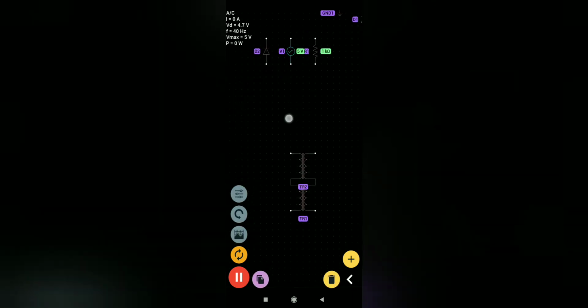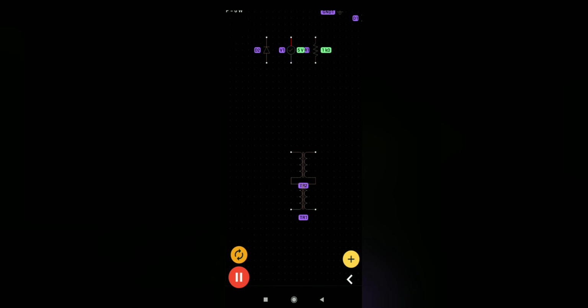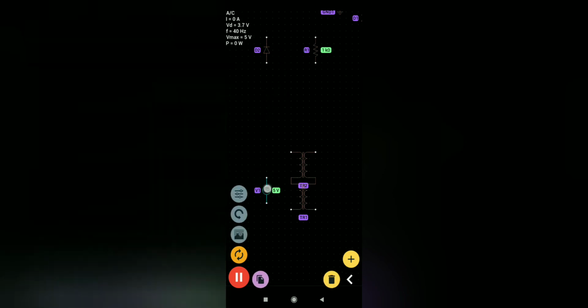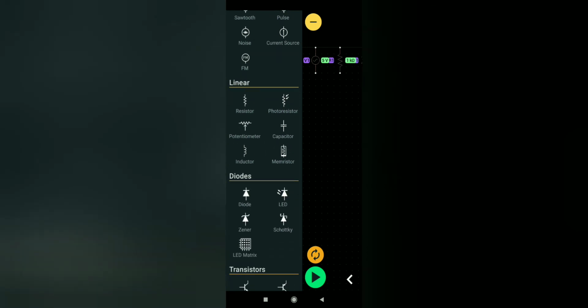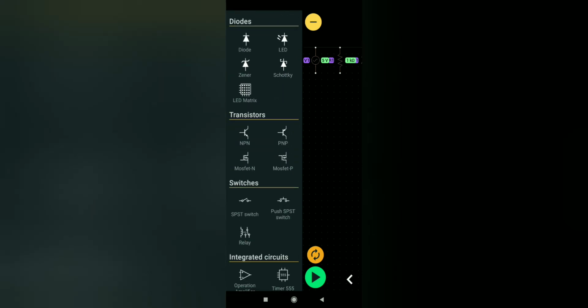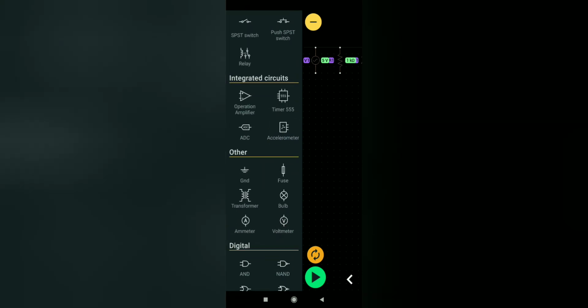At this input side, let's connect the circuit for the full wave center tap rectifier. We need the AC source, load resistor, two diodes, ground, and two transformers for the center tap.